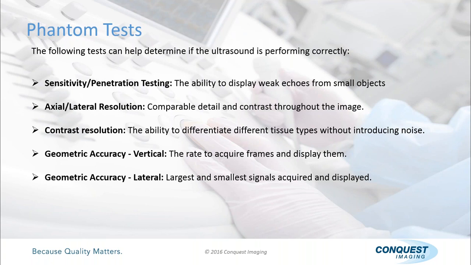And again, Conquest uses the ATS model 539 phantom. I like this phantom for many reasons. One, it has a 10-year warranty now. It does not require annual calibration, and it never evaporates and has to be recharged. So there are a lot of compelling reasons that I like this. There are other phantoms out there. They image fine.